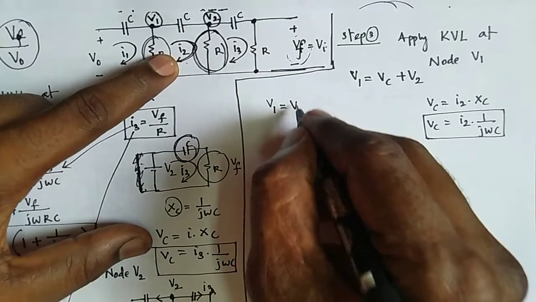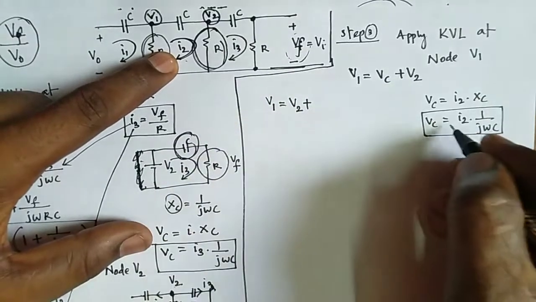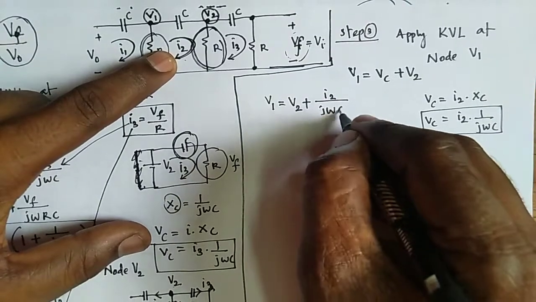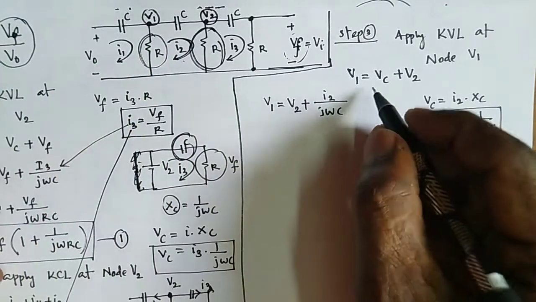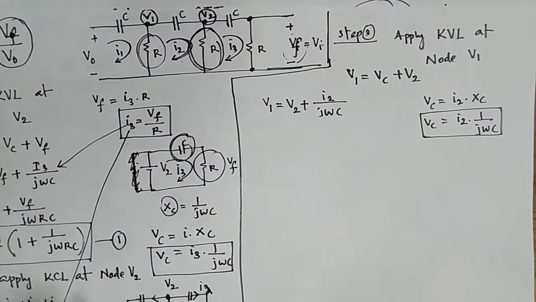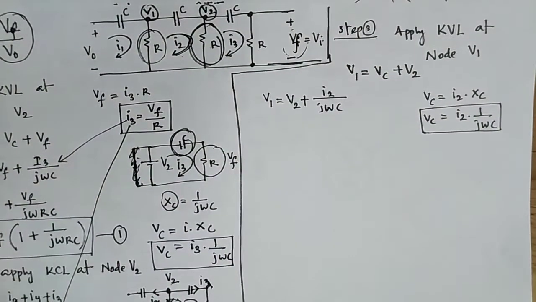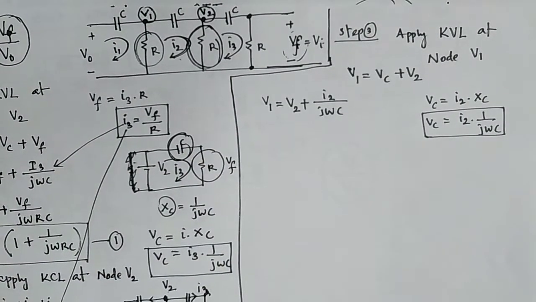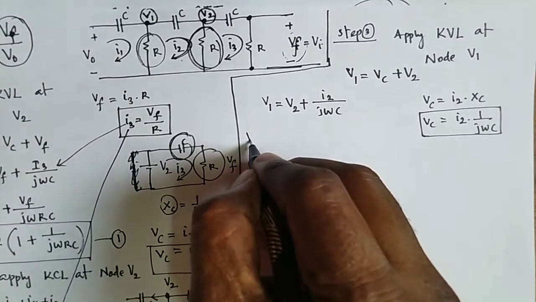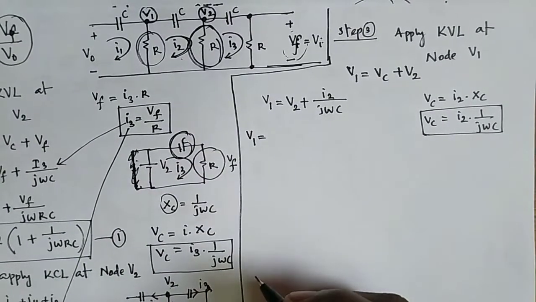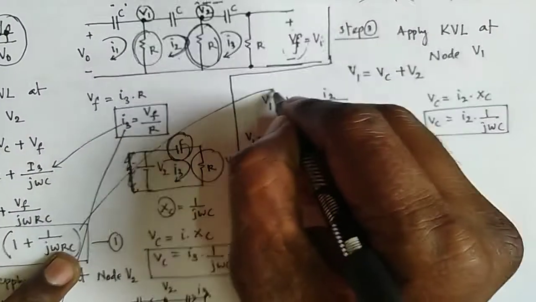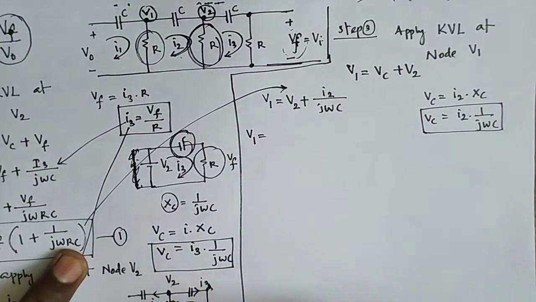Now VC is equal to I2 by j omega C. In the previous case, this is equation number 1, the V2 value, and equation number 2, the I2 value. Both are substituted here. So V1 is equal to the V2 value, directly substituted, plus the I2 value.